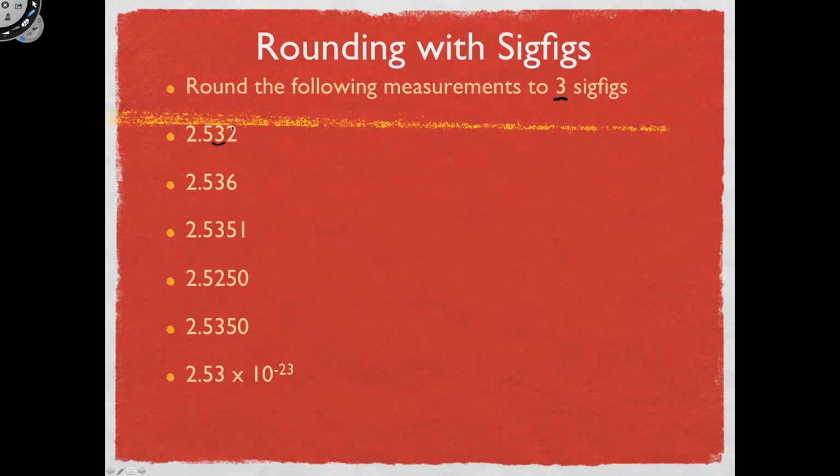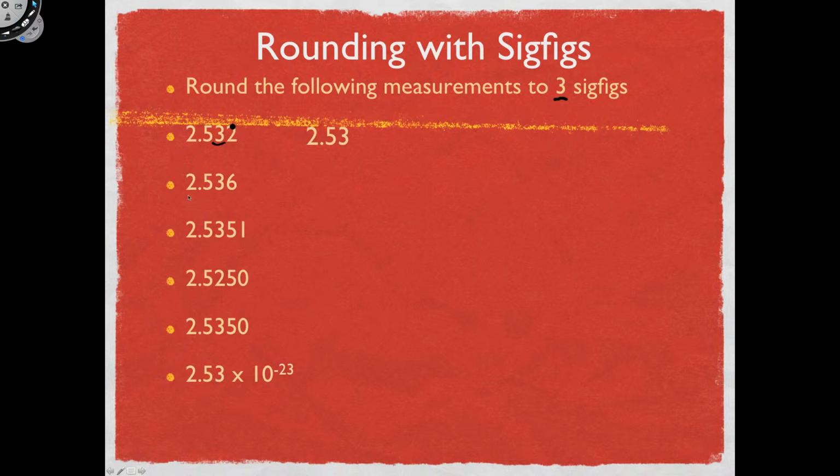We look to the right of that number. If the number that is there is less than 5, then the 3 remains a 3, and we drop the 2, and we end up with 2.53.